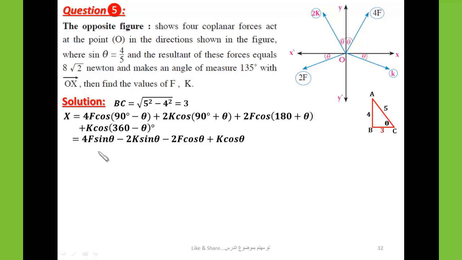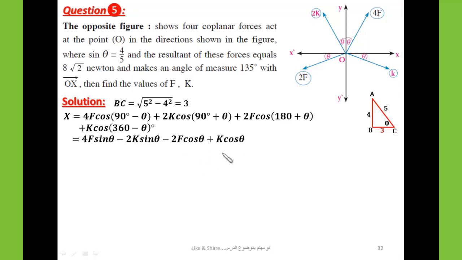So the terms become 4F sine theta, negative 2K sine theta, negative 2F cosine theta, and K cosine theta.